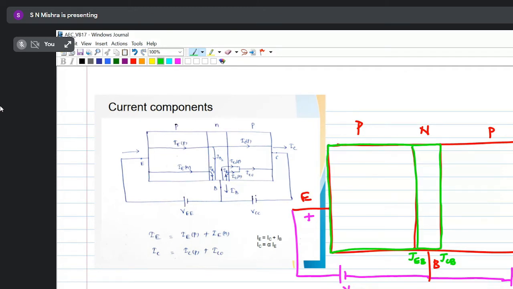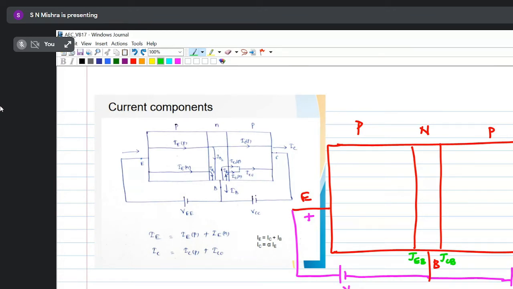This is forward biased. Now the opposite junction, the collector base junction, is reverse biased. So this is the thumb rule. Remember, whenever I want to operate my transistor for amplification purposes, always the base emitter junction should be forward biased and the collector base junction should be reverse biased, because I want to transfer the carriers from emitter to collector.